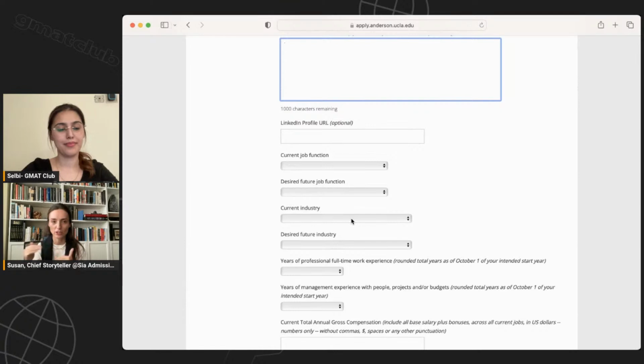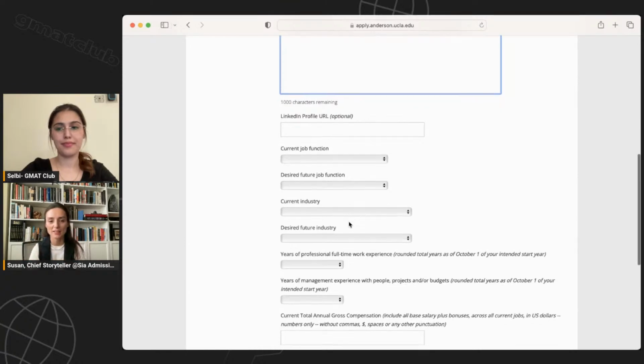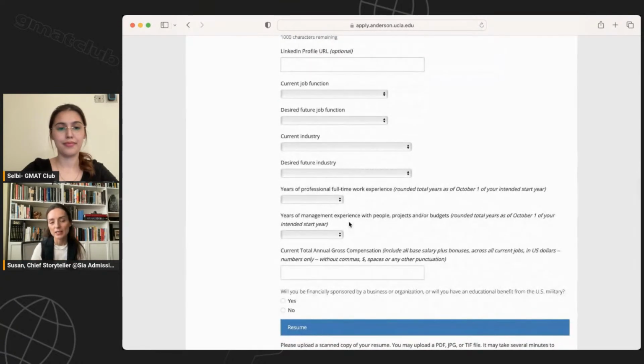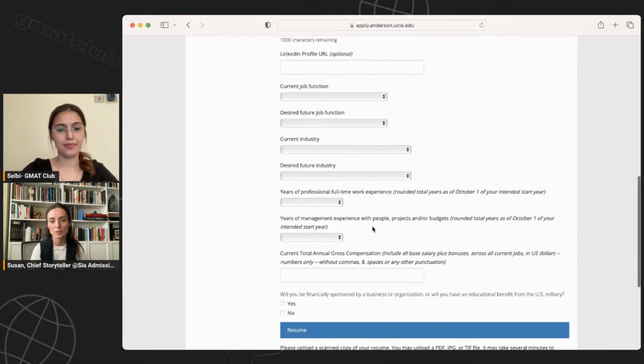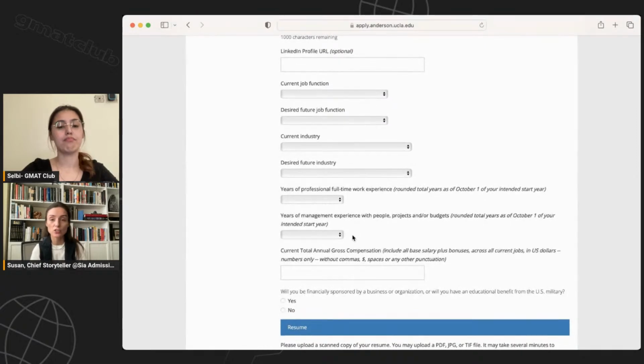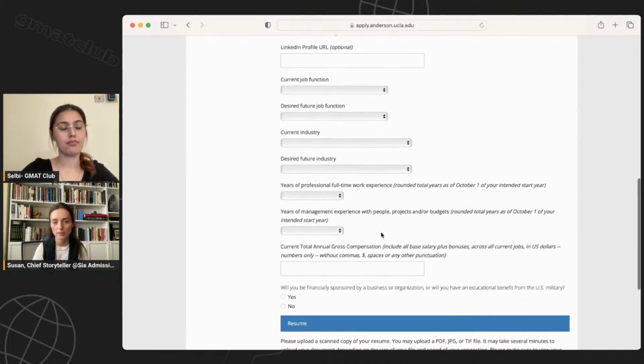So they're just looking at the comparisons between the past and the future. Years of professional full-time work experience, and years of management experience with people, projects, or budgets. And they're really looking at both. So if you have 5 years of work experience and only 1 year of management experience, then you would do 5 on top and 1 on the bottom.